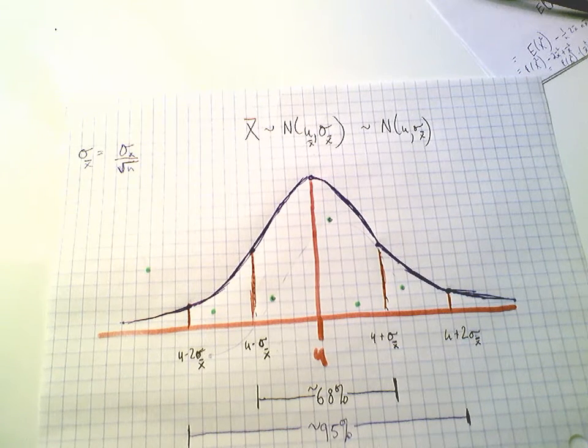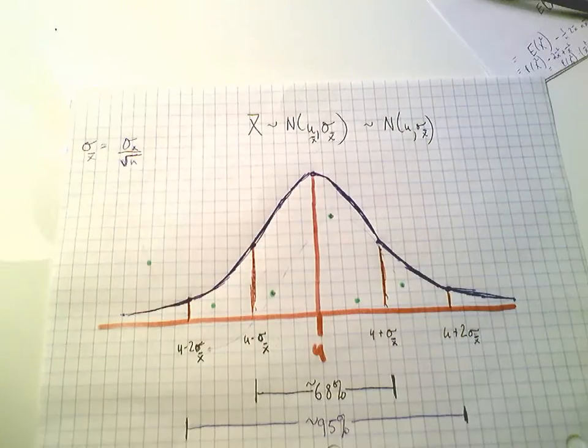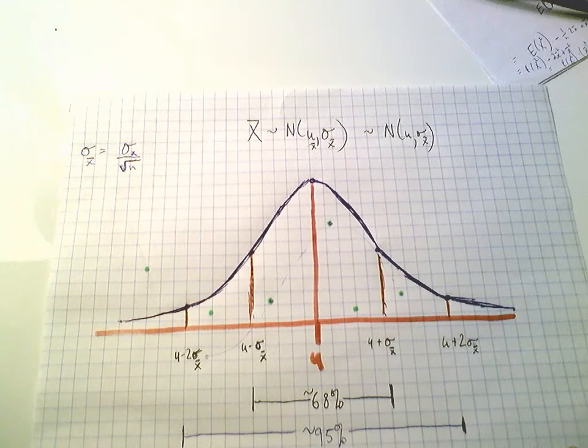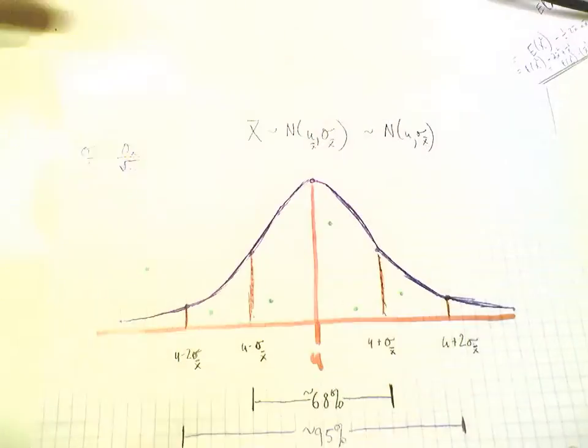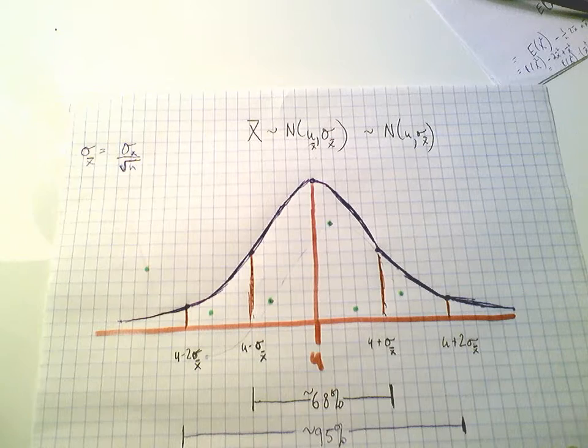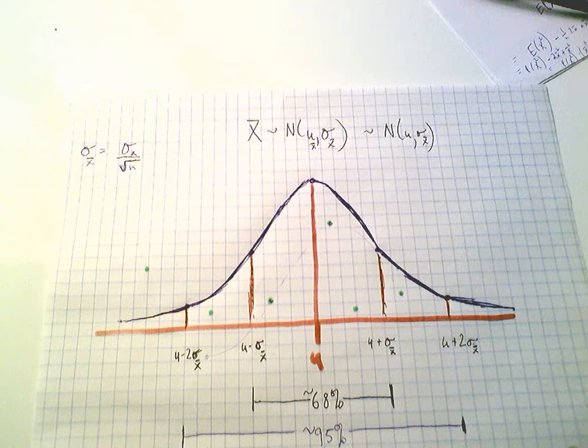What that in turn translates into is the fact that the distribution of my sample mean will be normal with an expected value of mu of x bar, which, since x bar is an unbiased estimator of the population mean, is nothing more than mu. And we'll have a standard deviation for our sampling distribution of the mean, sigma of x bar.